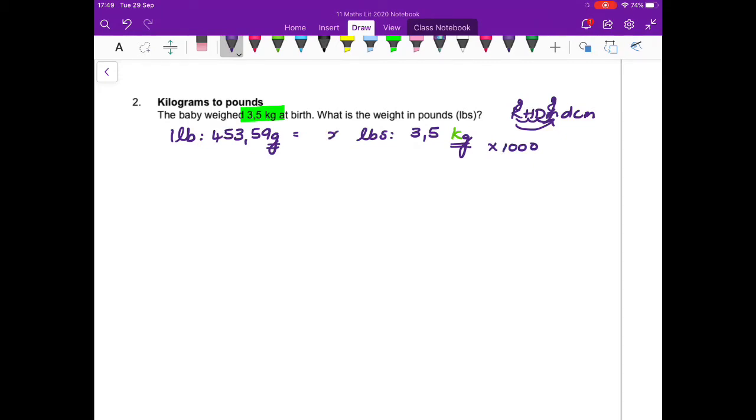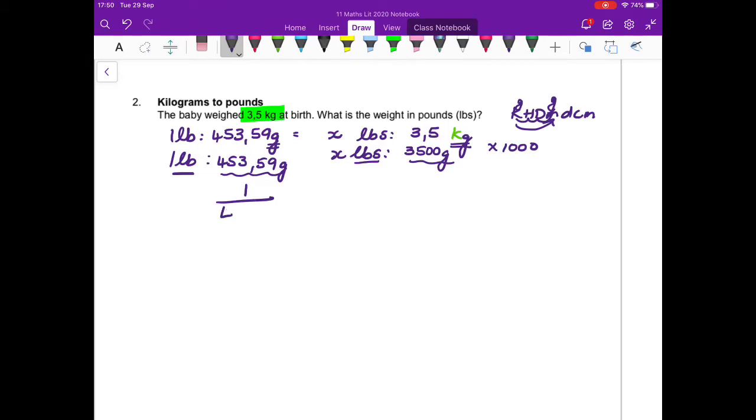So I've got X pounds, and 3,5 multiplied by 1,000 will be 3,500 grams to X pounds, and then I've got 1 pound to 453,59 grams. My units, pounds to pounds, grams to grams. Everything is in order. Now I do fraction form.